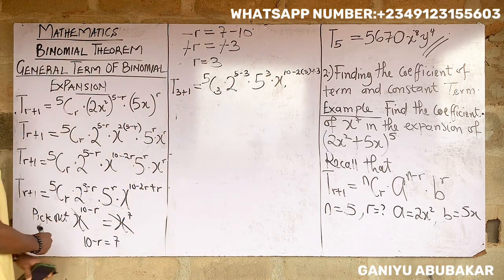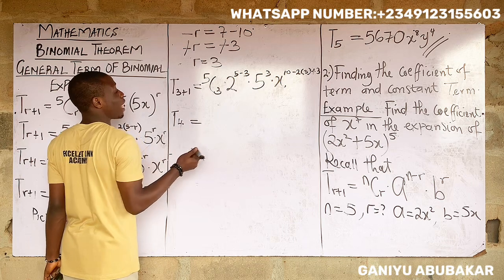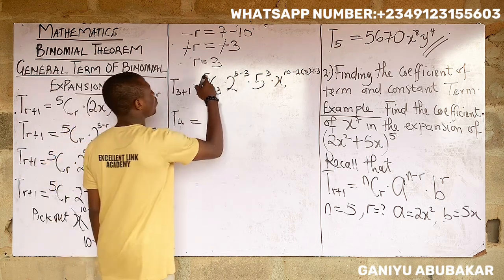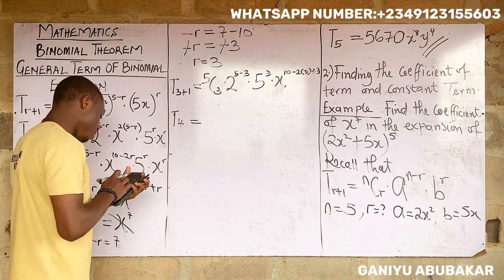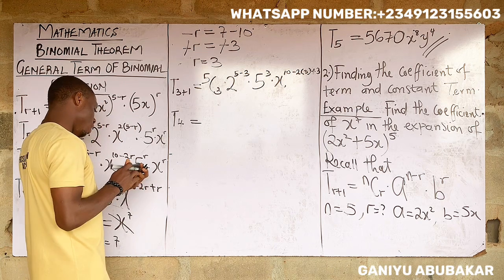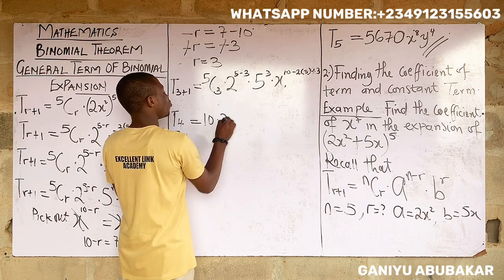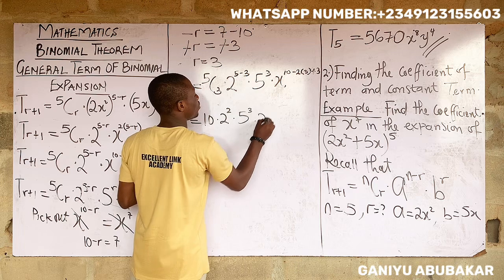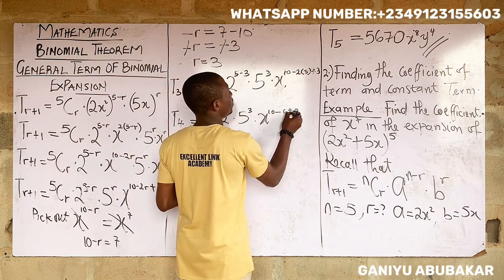So I'm here. So it means that what I'm asked to find there is the fourth term, right? So the fourth term here equals 5 combination 3, which is 10, times 2 to the power 2, times 5 to the power 3, times x to the power 10 minus 6 plus 3.